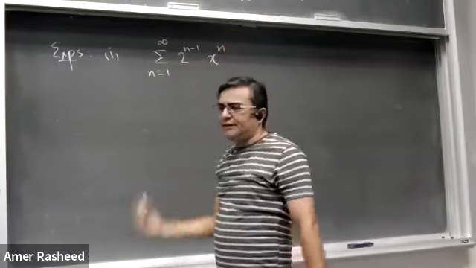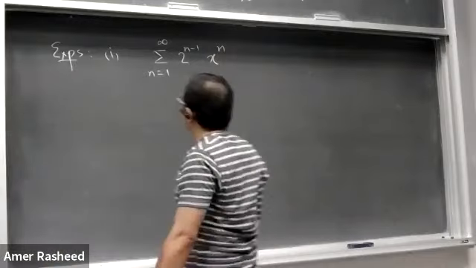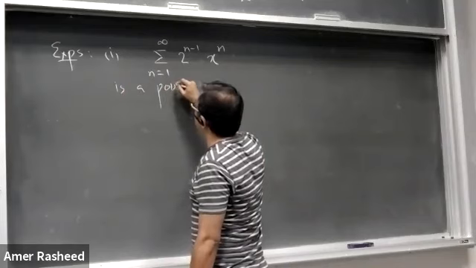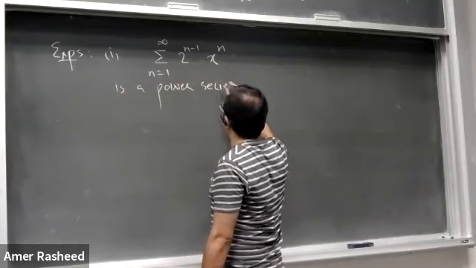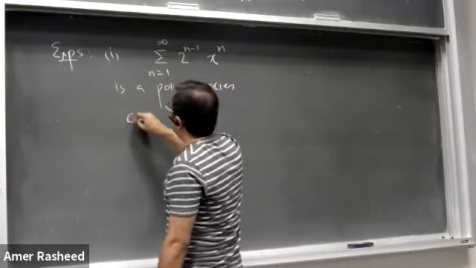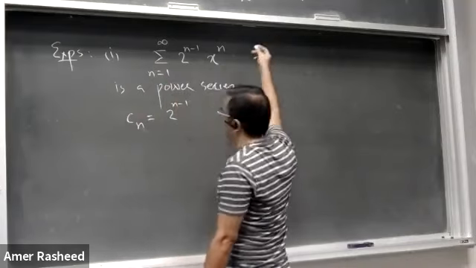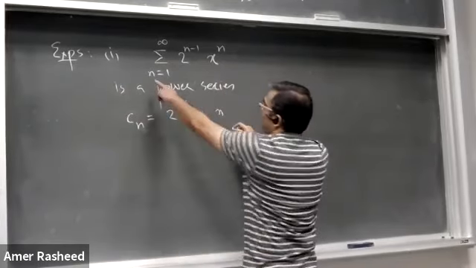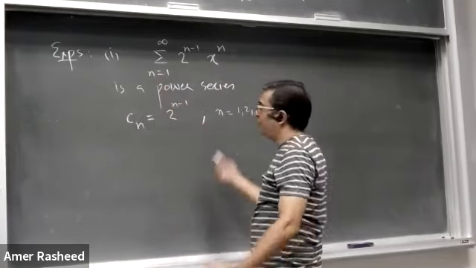This is an example of a power series, with Cn being 2 power n minus 1 and x power n being x to the n, where n is from 1 up to infinity.